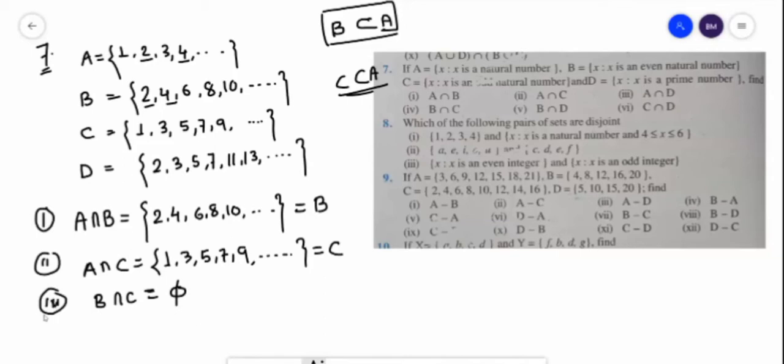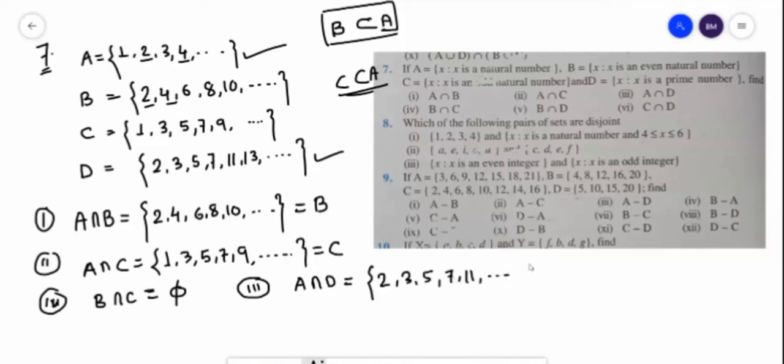Oh, this is question number 4. Now 4 is A intersection D. A is the natural numbers and D is the prime numbers. So only prime numbers will be there, because all prime numbers are natural. So this is 2, 3, 5, 7, 11, all prime numbers I am writing.